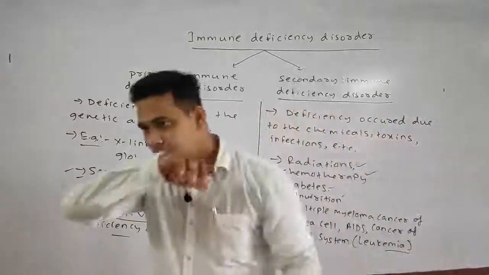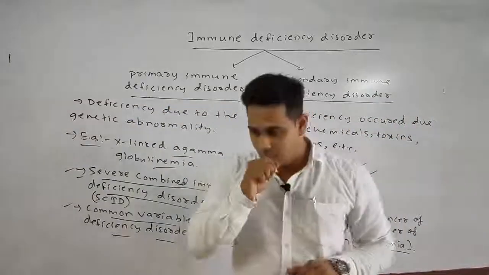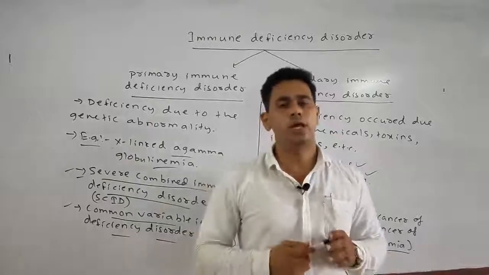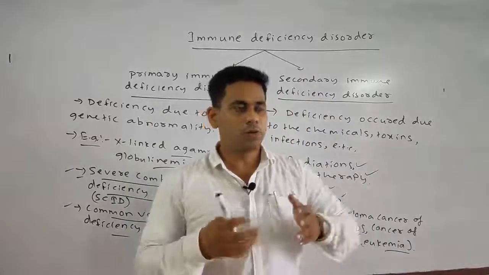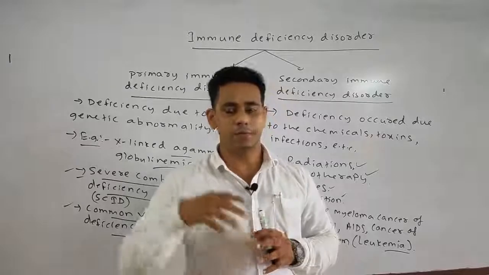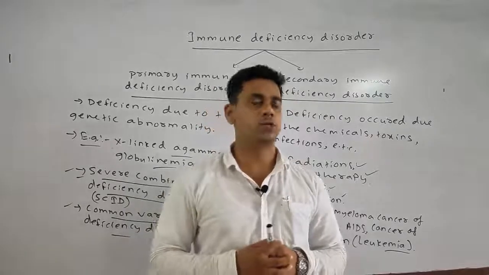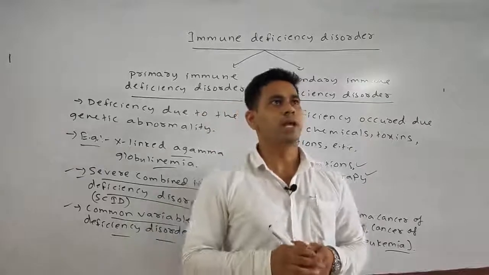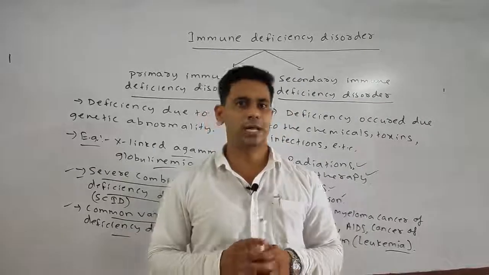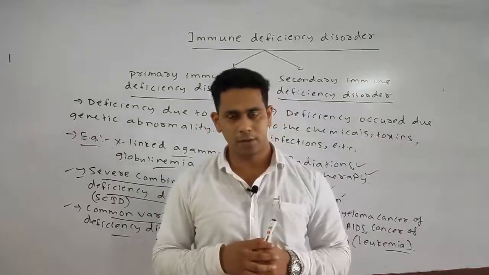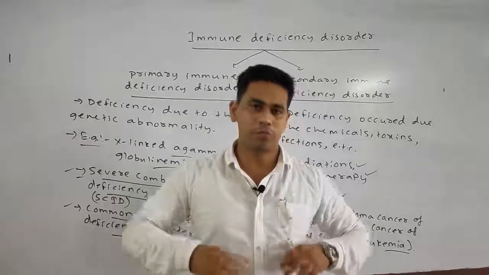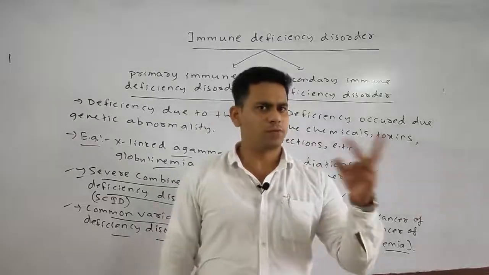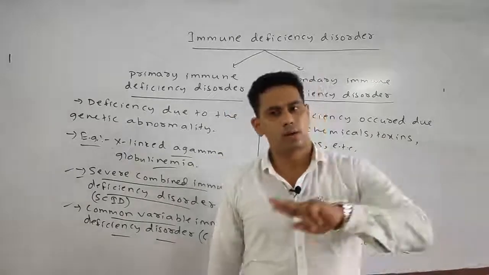Okay, so today we discussed clearly the various types of acquired immunity, which is also known as active immunity and passive immunity. Active immunity is the type of immunity in which the antibody is produced by our own immune system. It can also be of two types, natural and artificial.